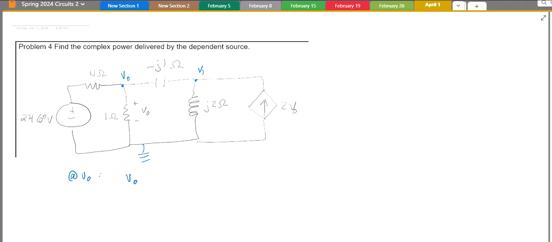I'll have (V0 minus 24) over 4 plus V0 over 1 plus (V0 minus V1) over minus J1 equals 0.